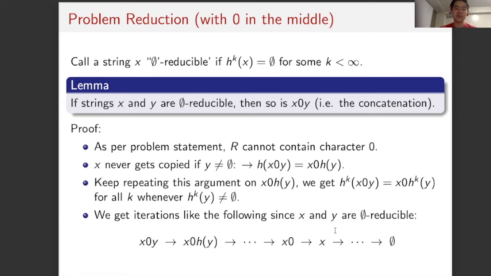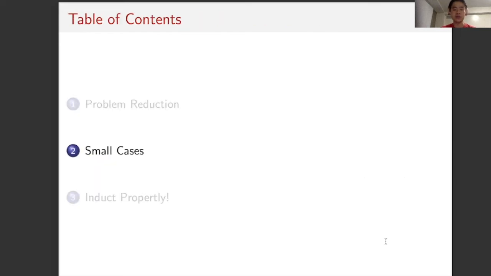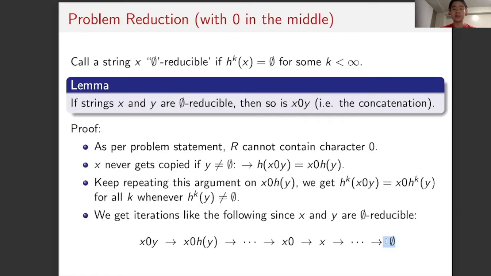Because it's zero, you just cut the zero out, and then you are left with x, and then by our induction hypothesis it also goes to the empty string in the end, so you end up with an empty string. All right, so this is the problem reduction that we are interested in. You'll see why this problem reduction is important later.